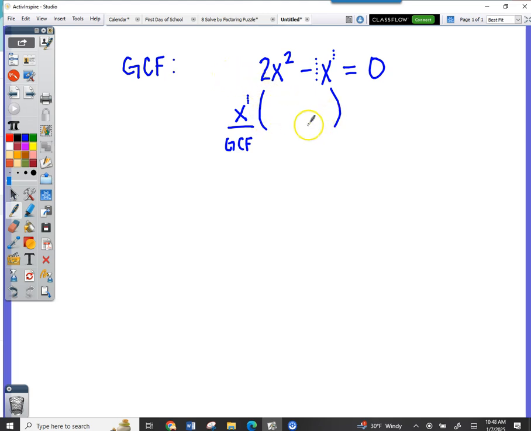Now we have to write what's left over. X times what would give me 2x squared? 2x. Very good. Now double check it.